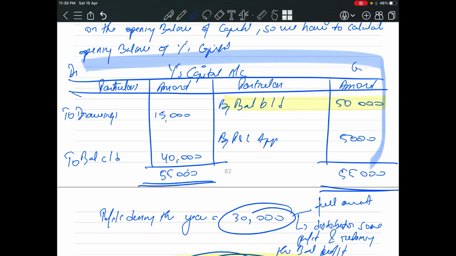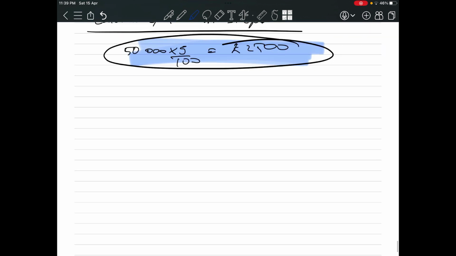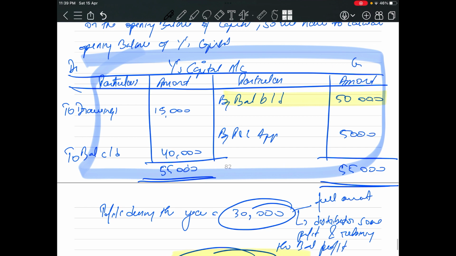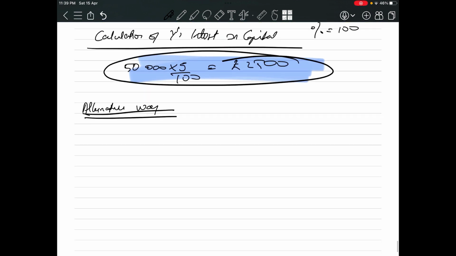Now if you don't want to calculate it this way, we'll calculate it in an alternative way. The alternative way to calculate the opening balance: you will add the closing balance and the drawings.